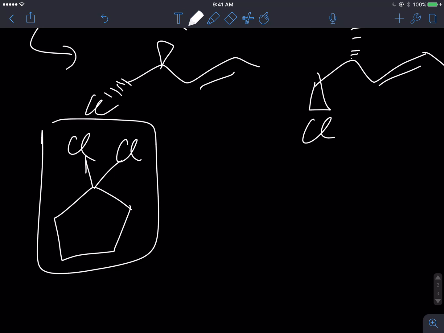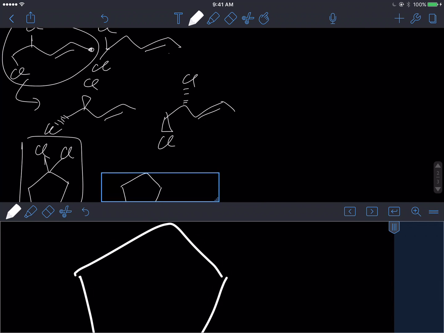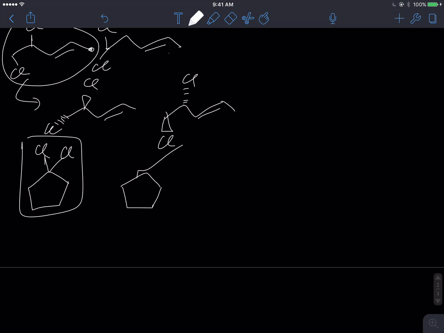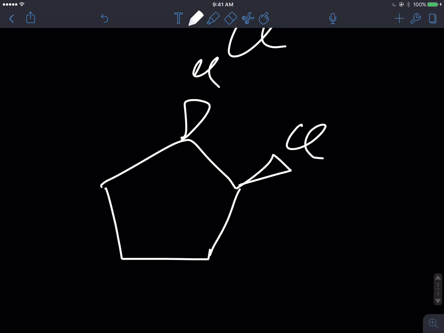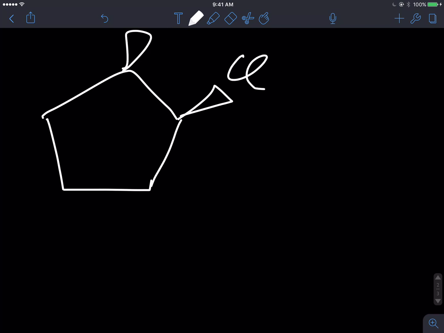Another case, another compound. This is right here. Here, chlorine. That one or this one, right? Or you can do that.